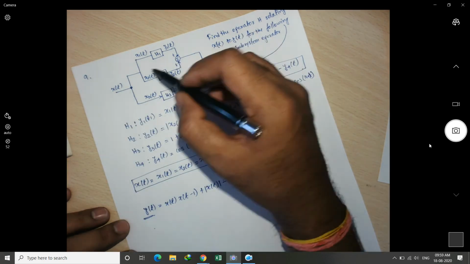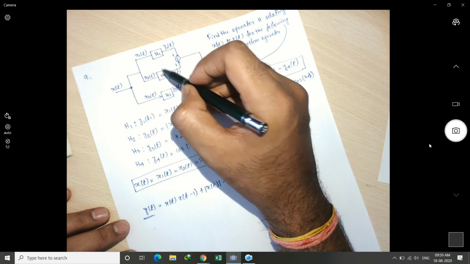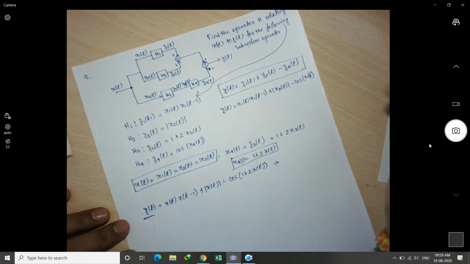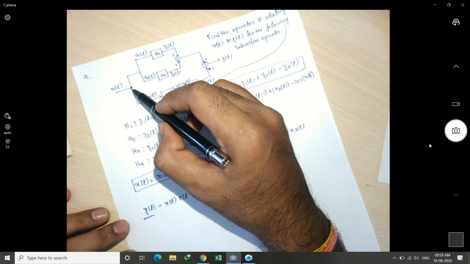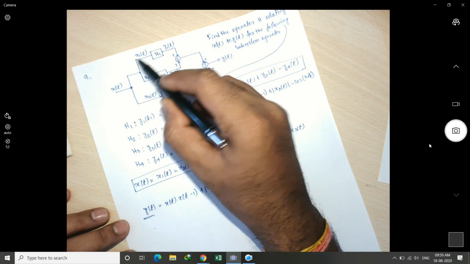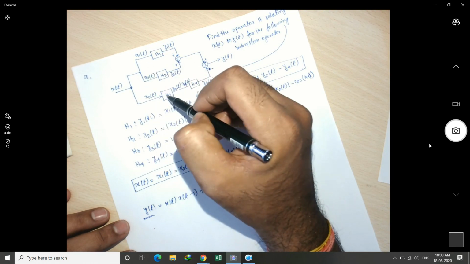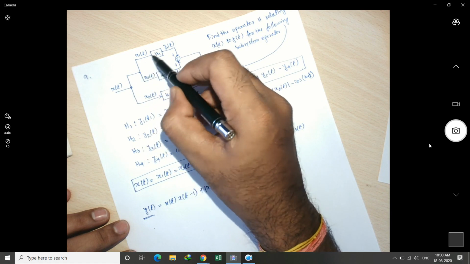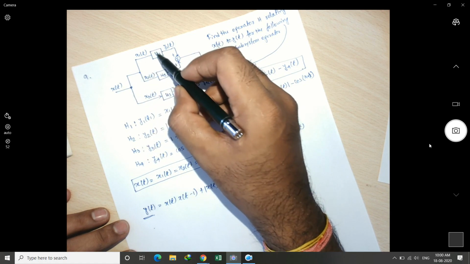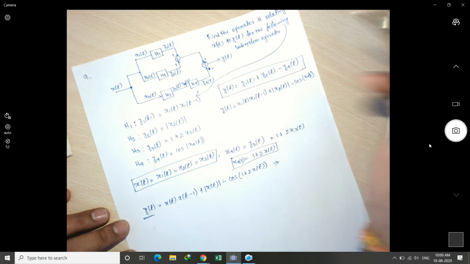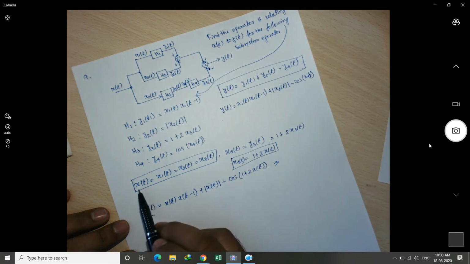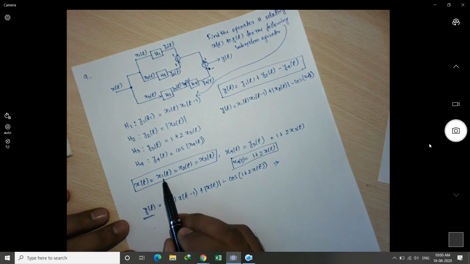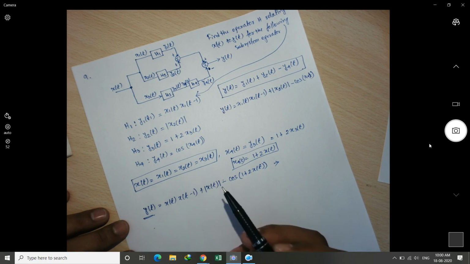So this xt is taken to this h1, h2 and h3 directly. Just look at this location. This xt is going here. It has been dividing, then it has been coming. So we can say this xt itself is there, which has been connected directly to h1, h2 and h3. So that's why I have written xt is directly the same as x1t, x2t and x3t.